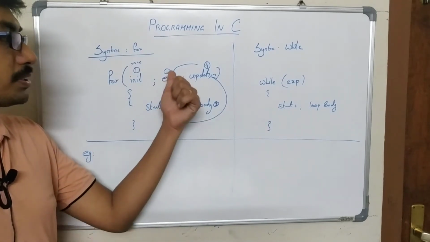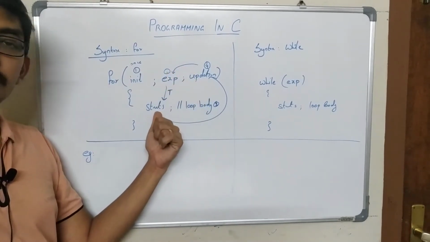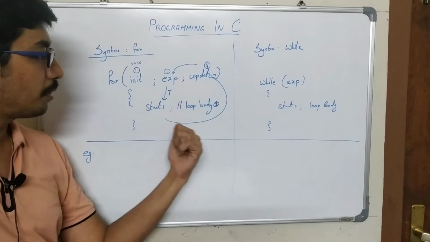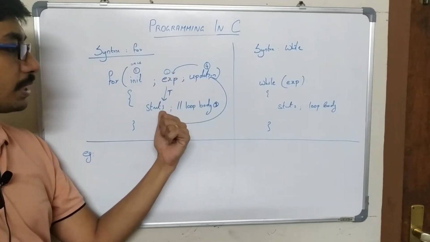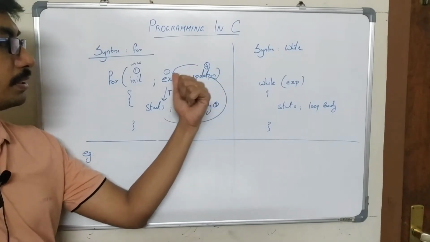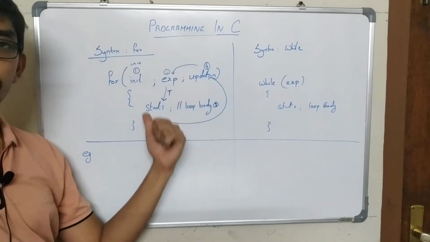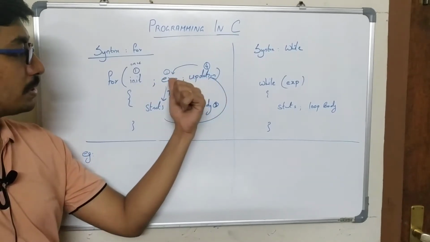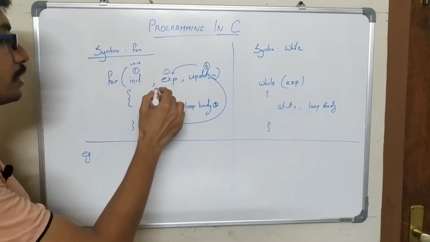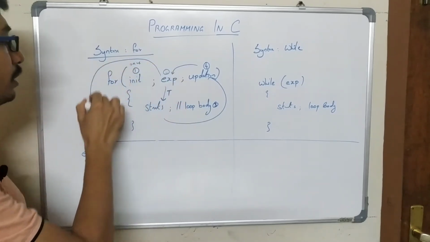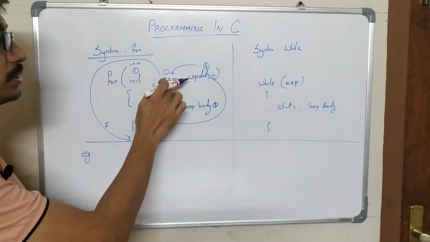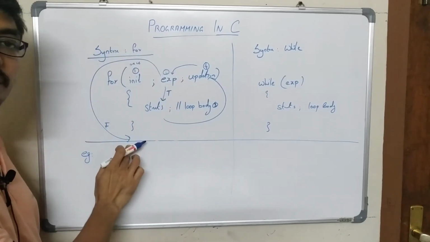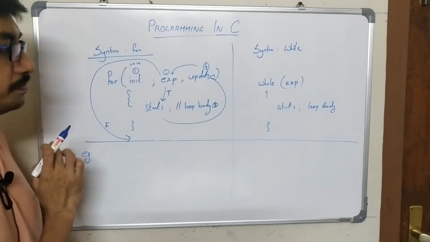Suppose the expression is again true, it will again execute the loop body, and this process continues. So the expression will be evaluated, statements will be executed, it will be updated, and the expression checked again. This process will continue, and once the expression is false, it will come out of the for structure. When the condition turns out to be false, it will come out of the for structure.